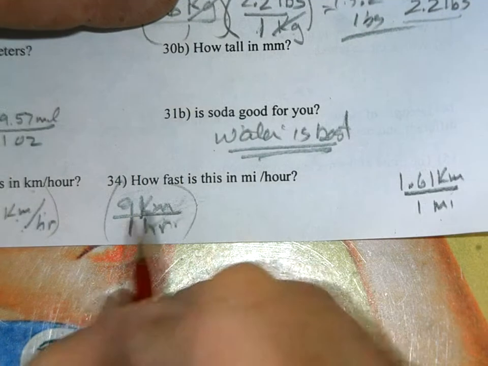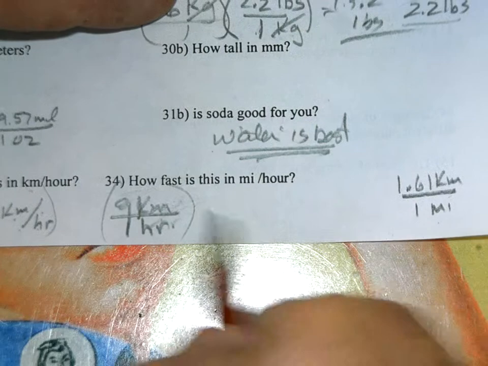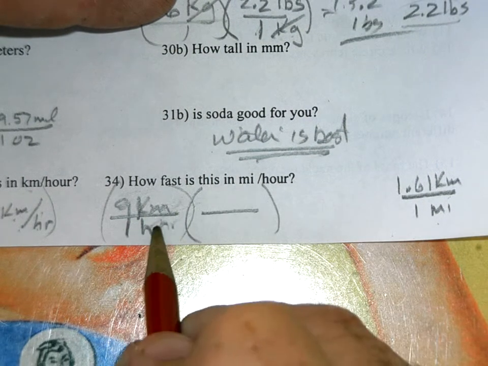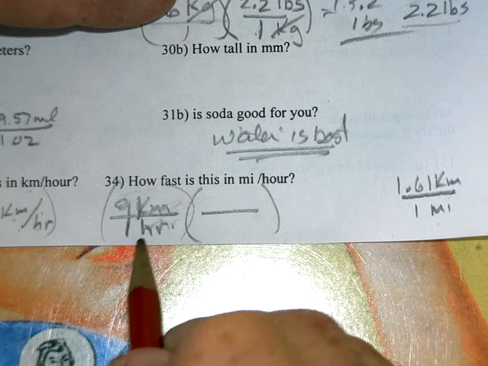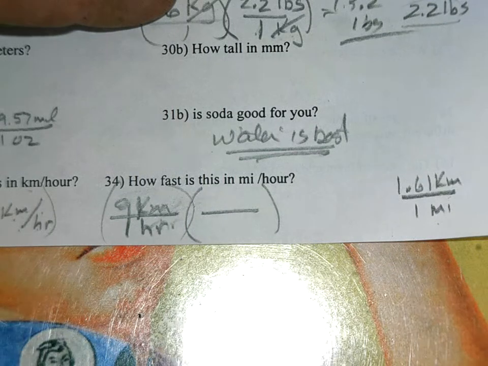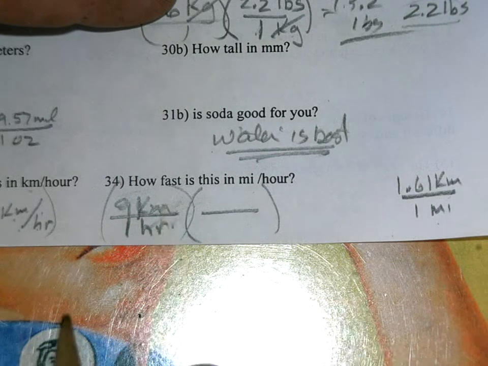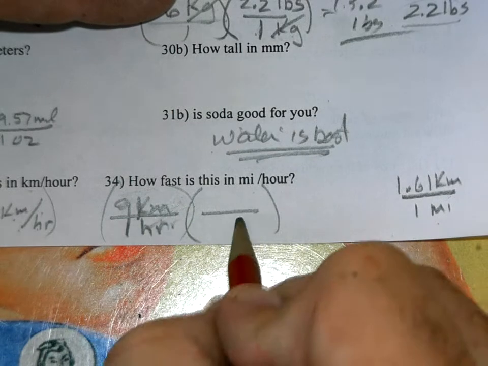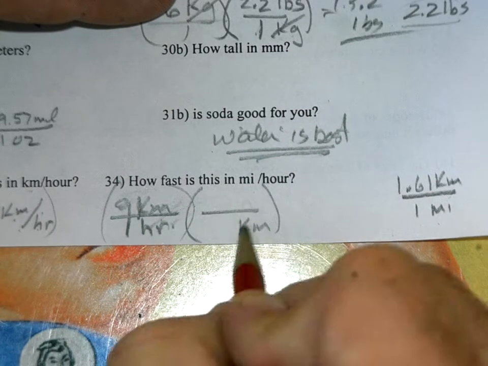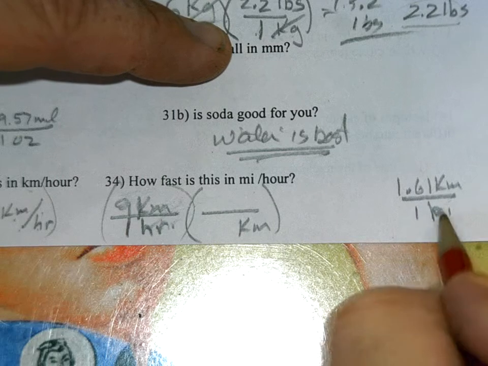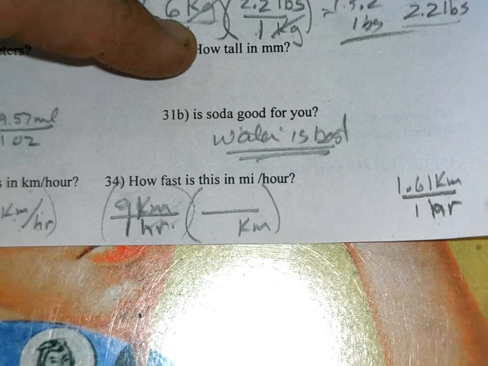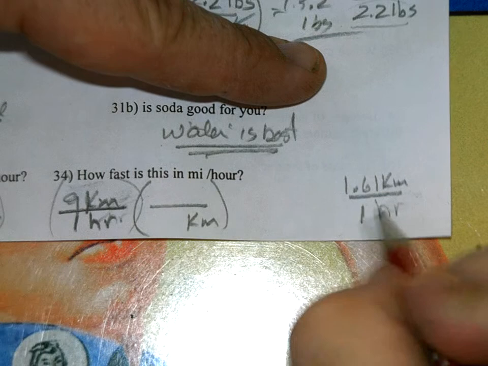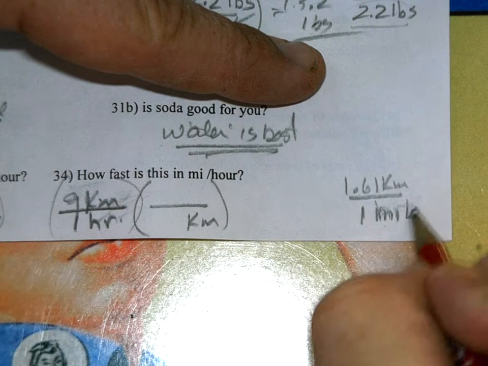We want to get rid of the kilometers. So I want kilometers down here, so these can cancel. Oh, I see what I did wrong, that's hour up there. No, I'm such a dork. That's per mile. Please forgive me for getting that wrong.